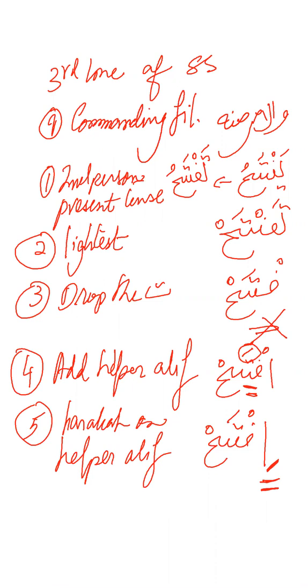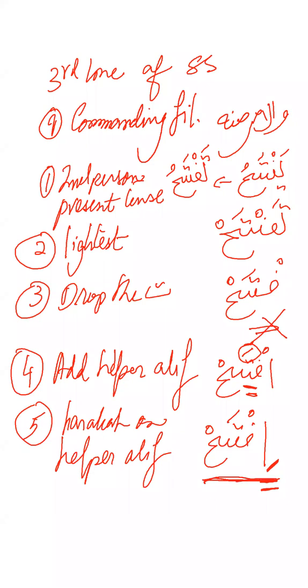Otherwise, for all of the rest of the families, if you have dhamma on the end kalima, then the helper alif will get a dhamma. Otherwise, for fatha and kasra, the helper alif will get a kasra only. Which family? Family 4.